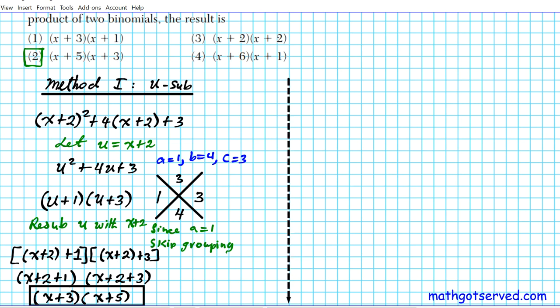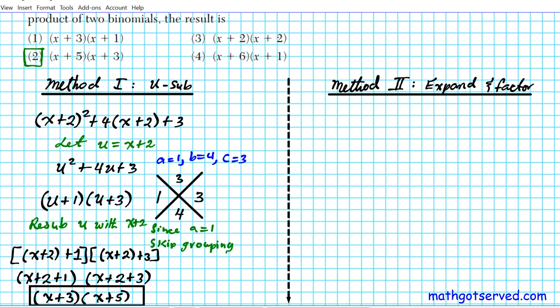Now let's take a look at method 2, and then we'd like to know which method you prefer. Okay, so for method 2, this is basically not that sophisticated. Method 2, in this case, we're going to expand and factor. All right, we break it down completely by expansion, and then we just factor the resulting simplified expanded expression. Alrighty, let's do it.